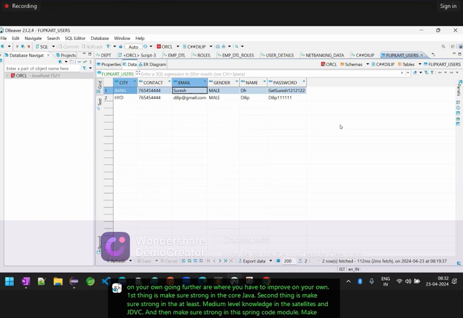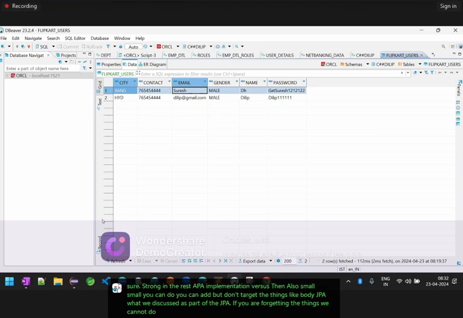Make sure you are strong in the MVC module. Make sure you are strong in REST API implementation versus consumption. Then start all these small things, or you can do them parallelly. But don't forget things like what is JPA, what we discussed as part of JPA. If you are forgetting the things, we cannot do anything.